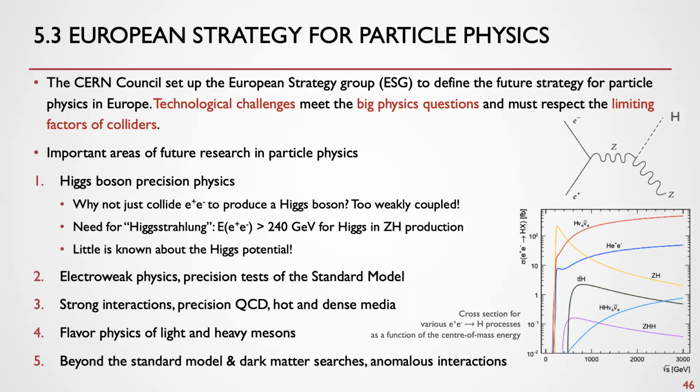What's the origin of electroweak symmetry breaking, for example? And then we must respect the limiting factors for the colliders that we've discussed, which is synchrotron radiation, and the magnetic field in the magnets for the hadron machines, which do not suffer from synchrotron radiation.